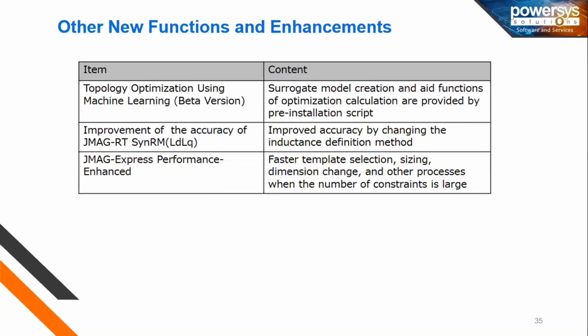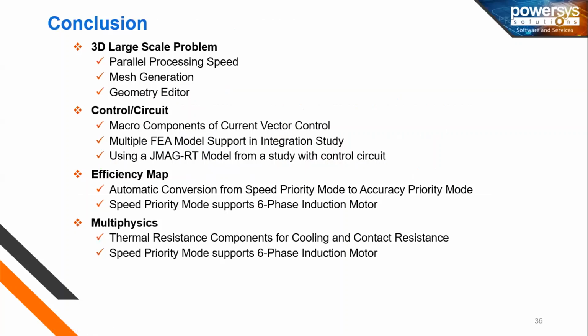So these are all the new features that are added. Going to the conclusion, whatever we have seen regarding the processing speed, version 21 offers a very high speed. It creates the mesh in a very fast manner, and the geometry editor creation and the parallel processing speed are everything far better.